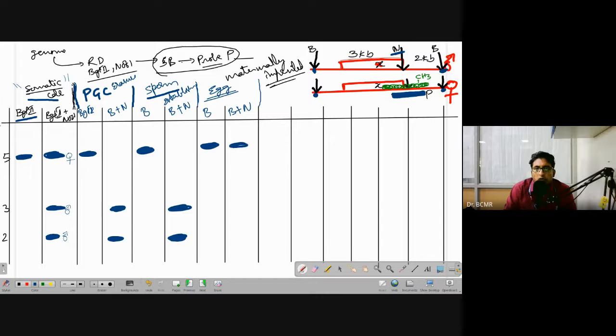So in all the eggs, because this gene is maternally imprinted, this part would be methylated, and therefore NotI cannot cleave there. So we will get bands like this. This is how we interpret data.